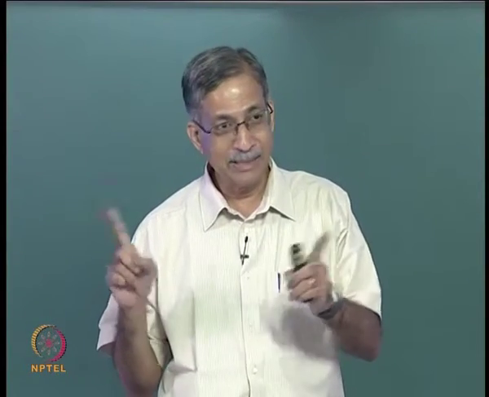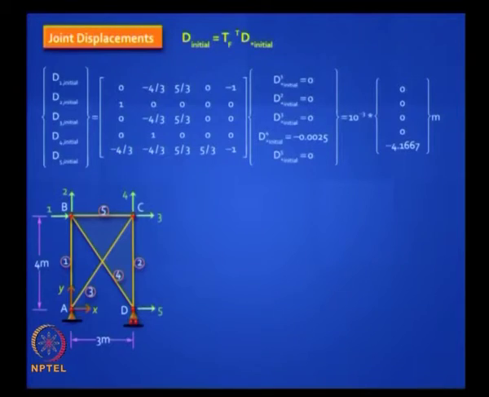Take the triangle ABC. The triangle ABC is not changing length, right? AB is 4 meters, BC is 3 meters, AC is 5 meters. So leave the triangle in peace, do not move it.